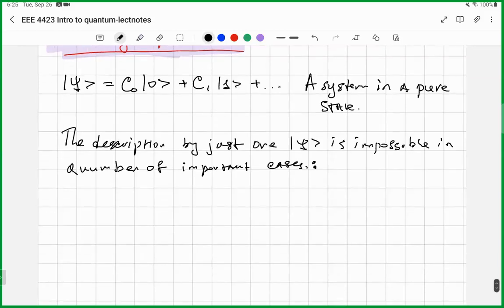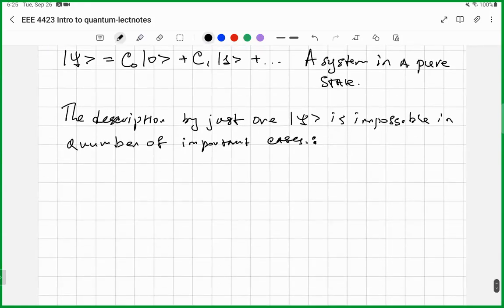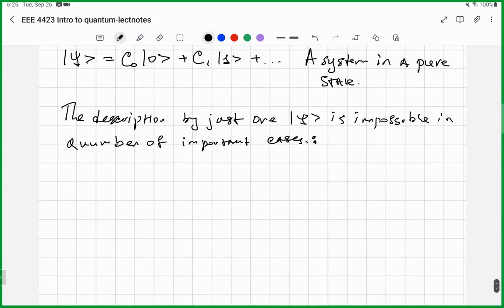The cases are so important that you almost never meet the description by psi. When you read papers and books about quantum computing, usually the results are represented in terms of the density operator, and we're going to discuss what it is. All right, so the important cases.